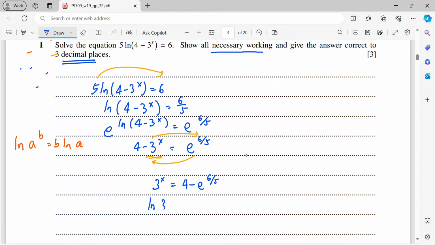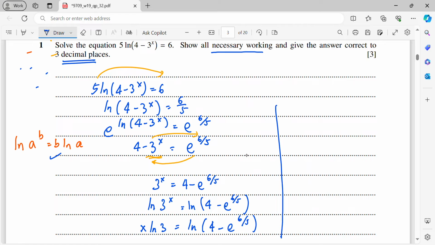So ln 3 to the power of x equals ln of 4 minus e to the power of 6 over 5. Therefore, for the left hand side, you can just apply this formula and bring down the x. So it will be x ln 3 equals ln of 4 minus e to the power of 6 over 5. And from here, to get the x, this ln 3 will be moved down.